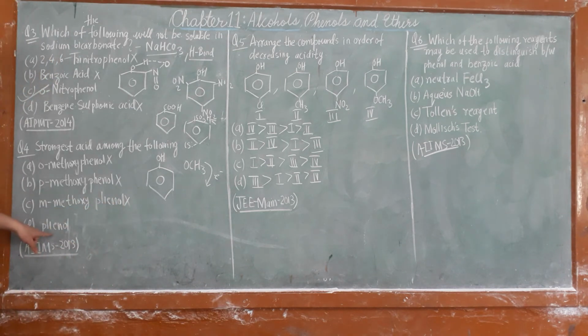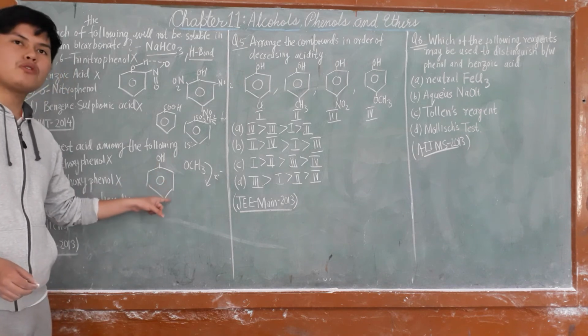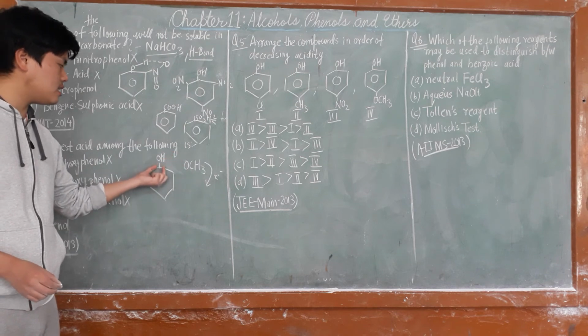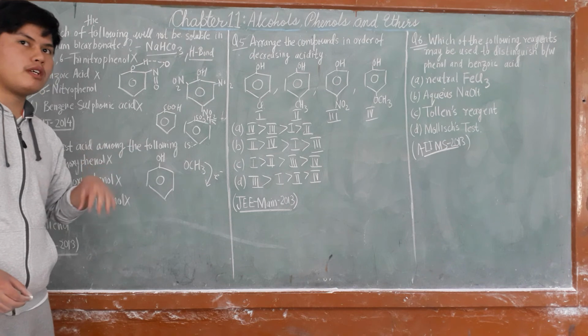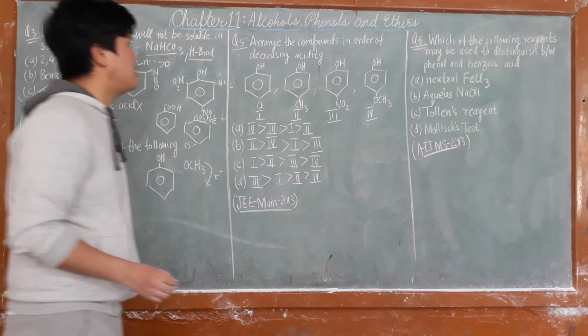The more dispersed the electrons are, the greater the acidic strength; the more the electrons accumulate, the lower the acidity and the higher the basicity. So the answer is option D, AIIMS 2013 question.